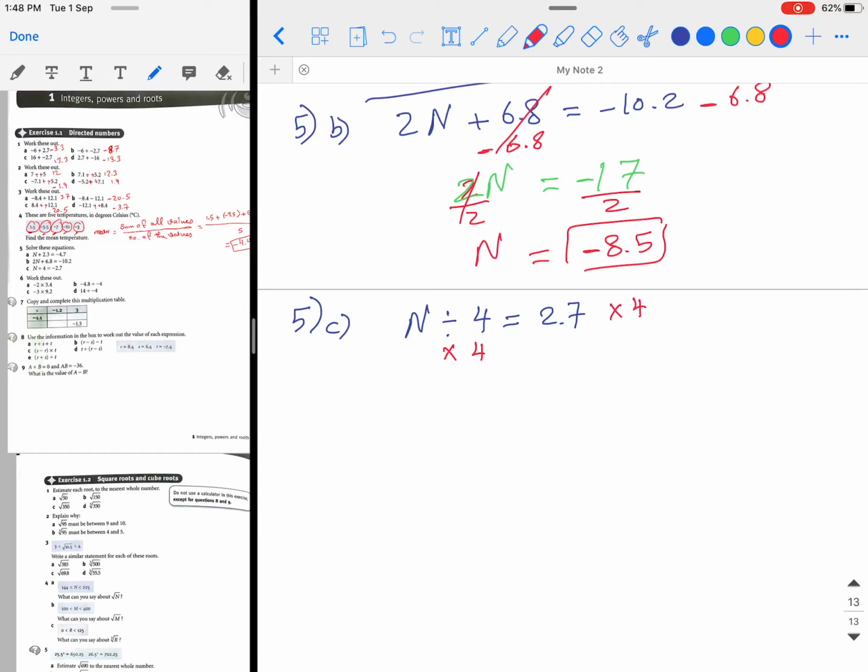If it's a division, cut it with multiplication. If it's a multiplication like this one, cut it with division. So with the opposite operation. So here, cut this. So n equal 2.7 multiplied by 4, you will get 10.8. Okay, and actually it was negative 2.7, not 2.7. Here it was negative, so the result also is negative.